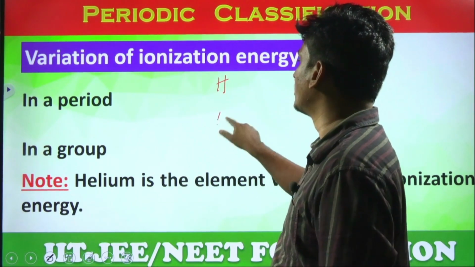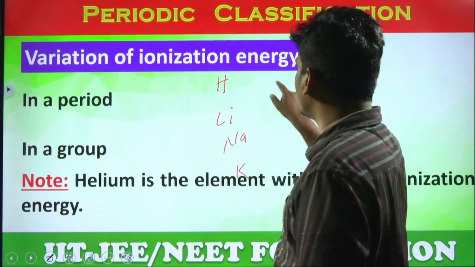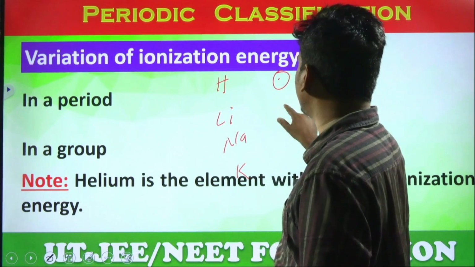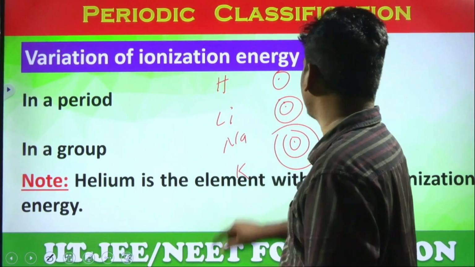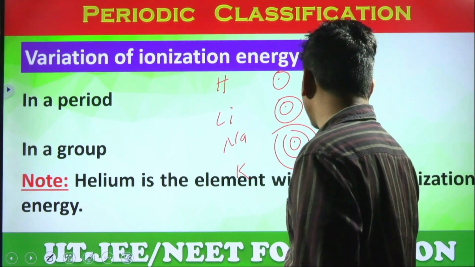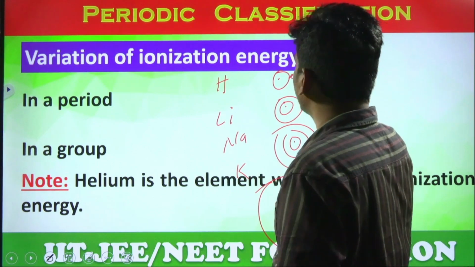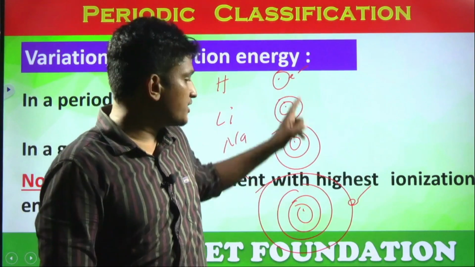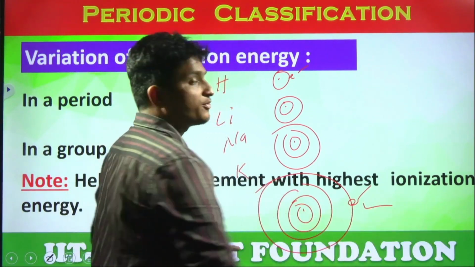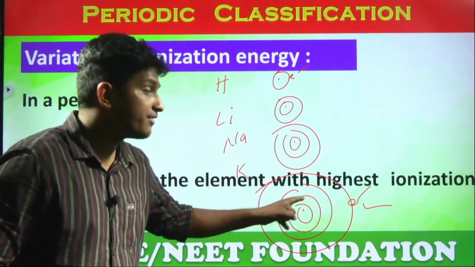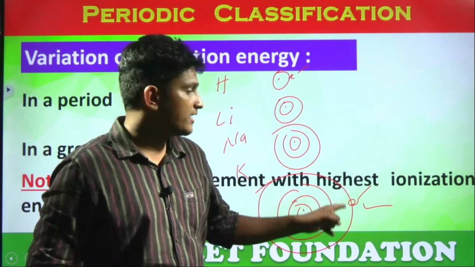For example, hydrogen, lithium, sodium, potassium, these are the elements group-wise. Hydrogen has only one shell, lithium two shells, sodium three shells, potassium four. Where can the electron be easily removed, for hydrogen or for potassium? Answer: in the case of potassium. Why? Because it is far away from the nuclear attraction. We can easily remove it, yes or no?